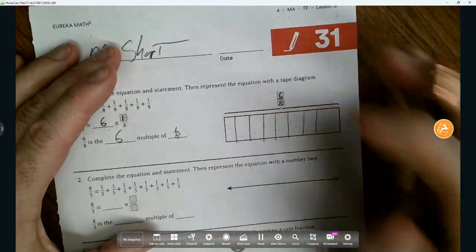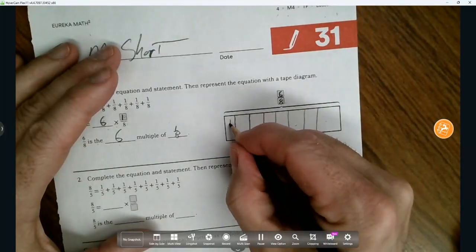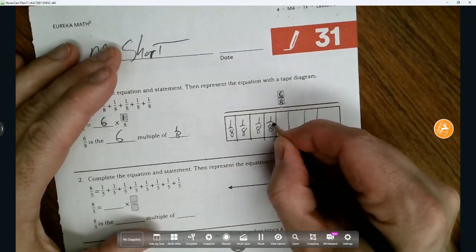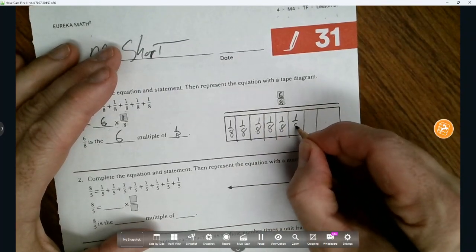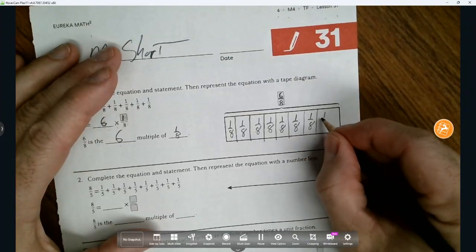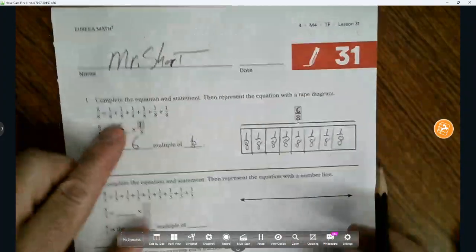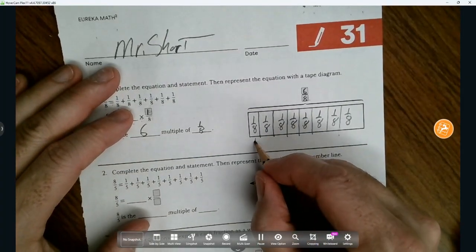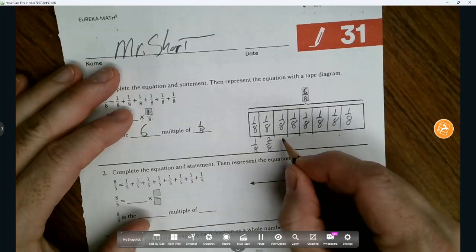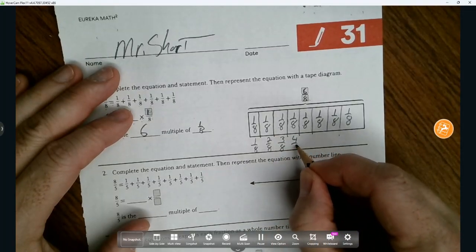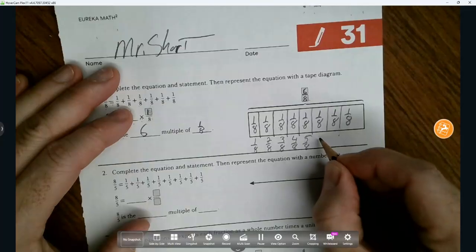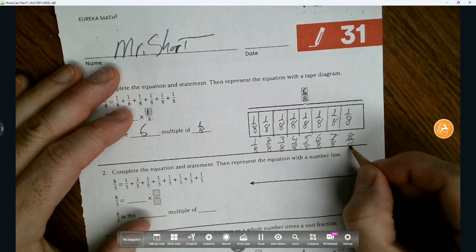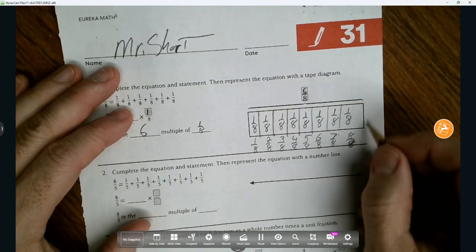I apologize for that. So this is 1/8, 1/8, 1/8. How do you save yourself when you don't draw them very good? You put what size they are in there. These are all worth 1/8, which is what it shows right here. So then also we have 1/8 here. Now we'd be at 2/8, 3/8, 4/8, 5/8, 6/8, 7/8, and this last one makes 8/8, which makes this our whole.